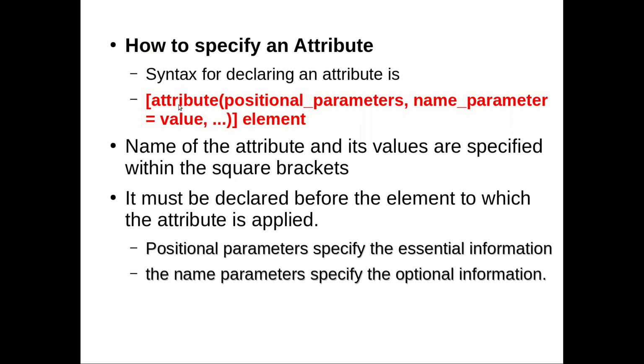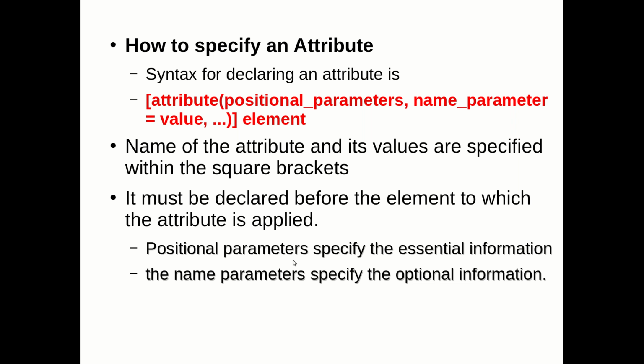Here is the name of the attribute, and here it will have the values for the parameters. All the values will be specified within the square bracket. Now this must be declared just before the element to which the attribute is to be applied. And here you have two types of parameters. One is the positional parameter, the other one is the name value parameters.